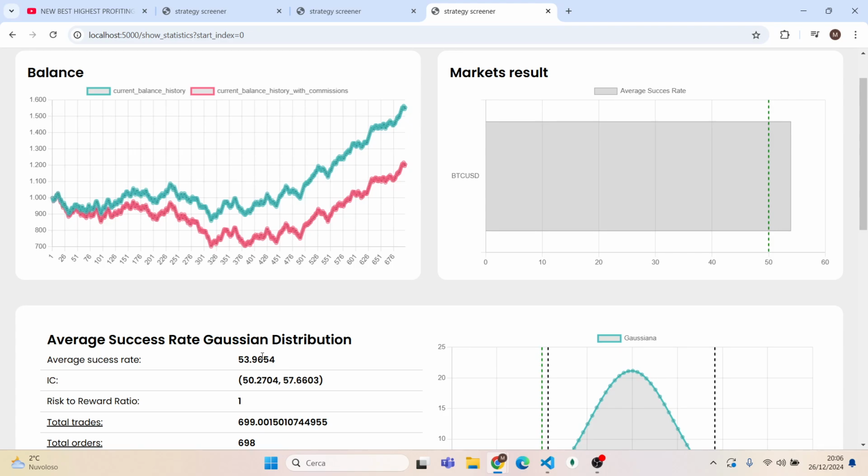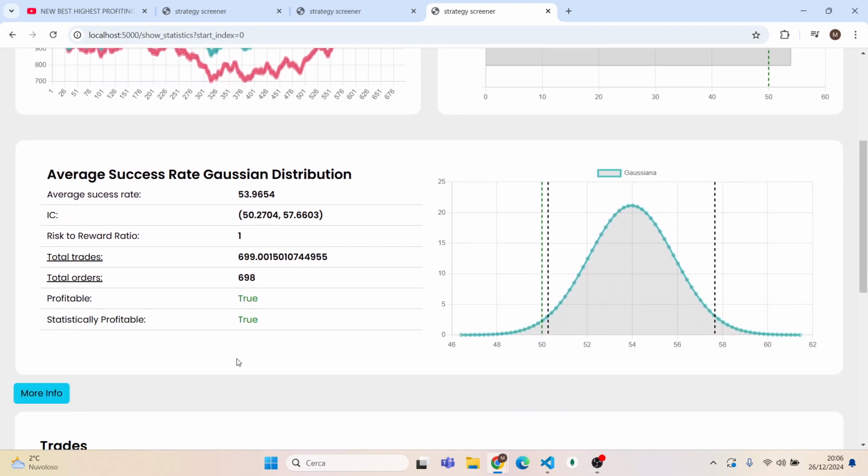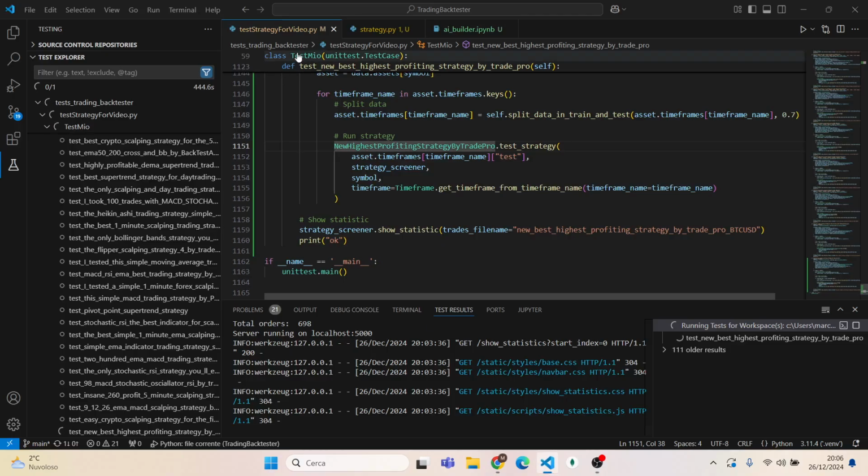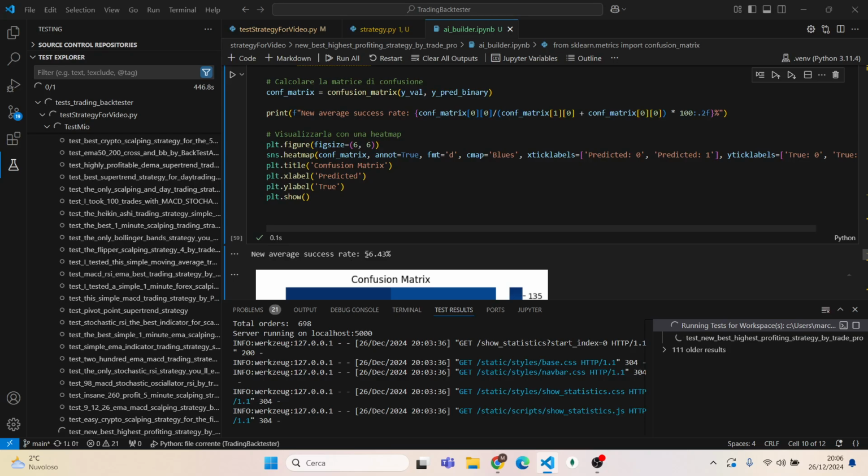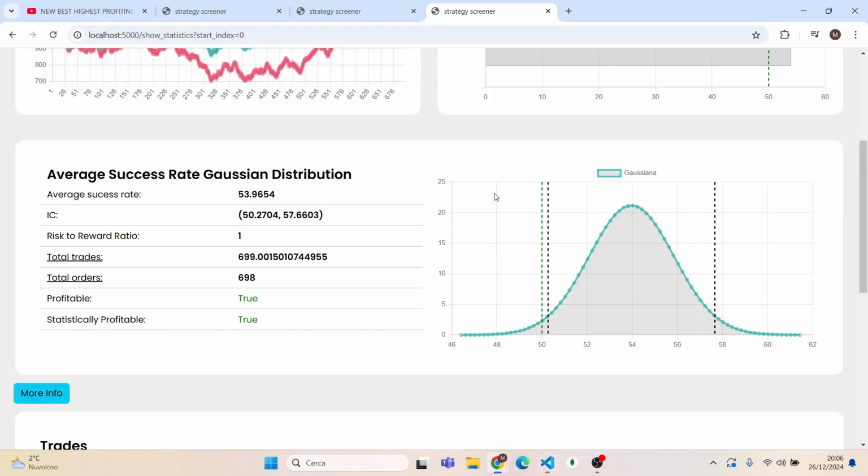So I would have had a higher average success rate, like the one we have seen before, 56.43. And yeah, maybe I could have tried it, but for the purpose of the video, what was important was this average success rate.